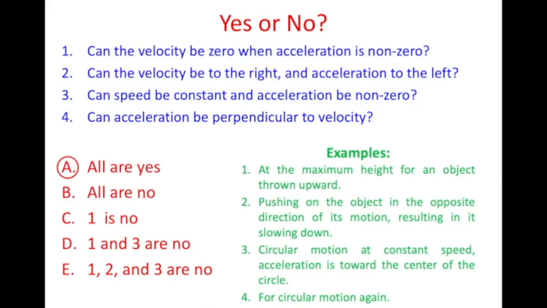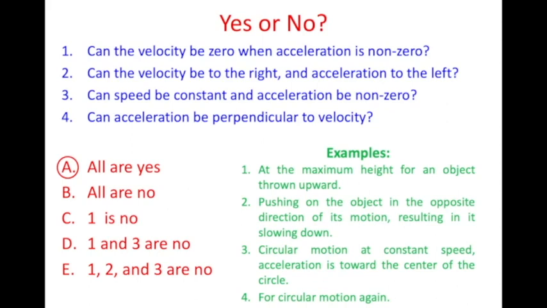So that's possible. Can the velocity be to the right and acceleration to the left? Sure. I'm moving to the right, but slowing down. That was just my acceleration to the left, in other words decreasing my rightward velocity, even though I'm moving to the right. Can speed be constant and acceleration be non-zero? Circular motion.